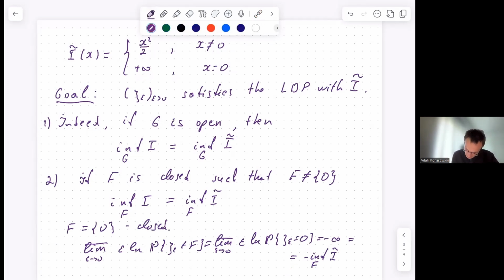So we came to the conclusion that psi epsilon satisfies the LDP with I tilde.